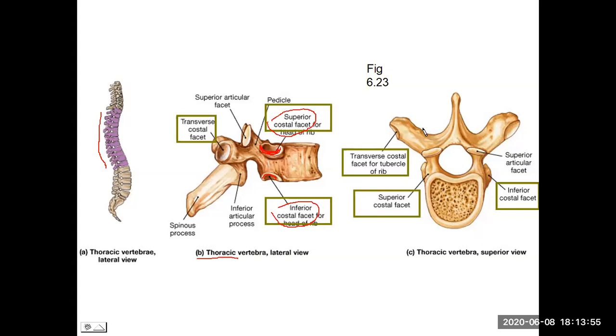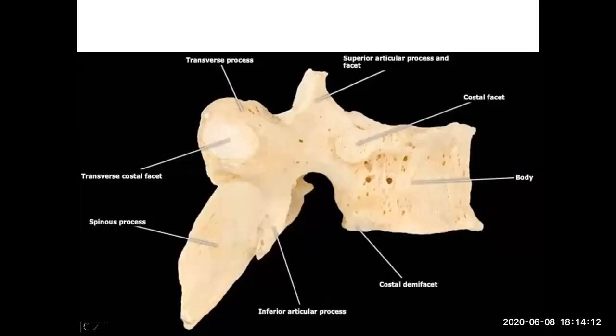And on the transverse process as a whole, we're looking for that notch on the anterior side, and that's known as a transverse costal facet. And our ribs form joints with each of those. And we can see it here. So a thoracic vertebra has that distinct appearance.